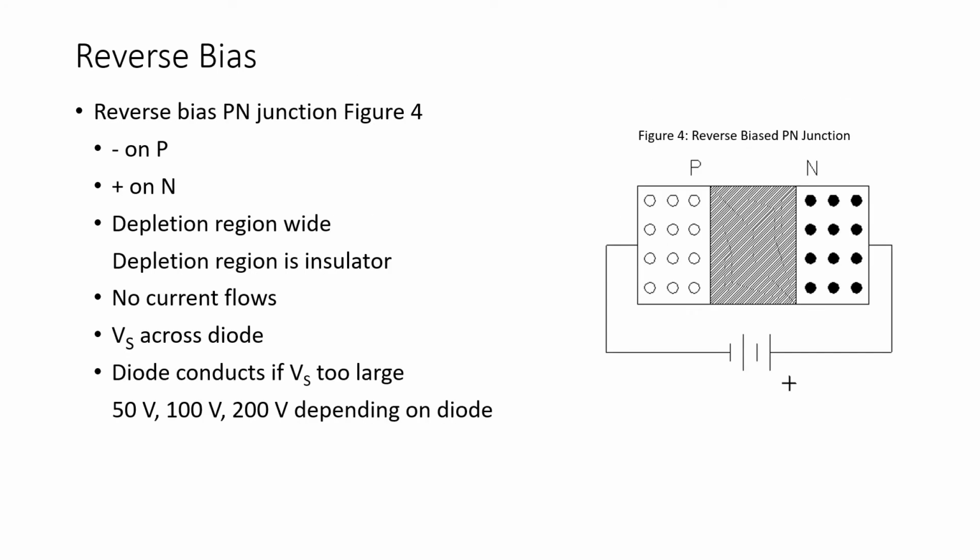Now in Figure 4, we see an example of a reverse biased diode. Note the negative potential is applied to the P-type material, and the positive potential of the voltage source is applied to the N-type material. And again, remember the P-type material is filled with holes, the N-type material is filled with free electrons.